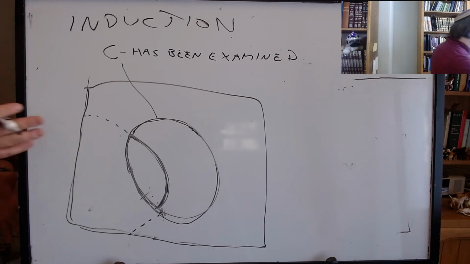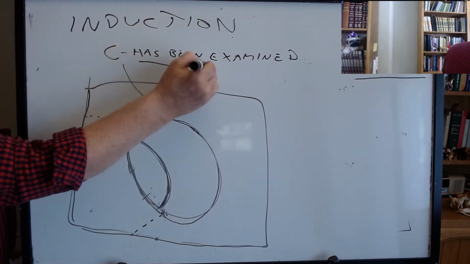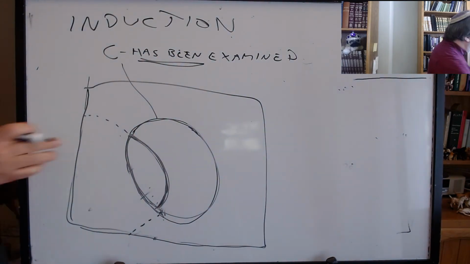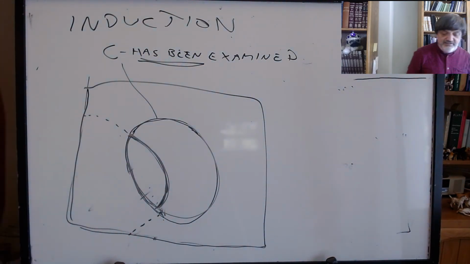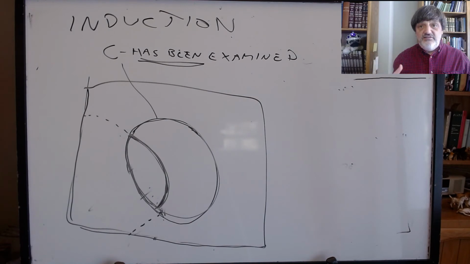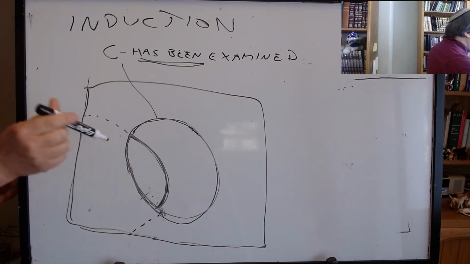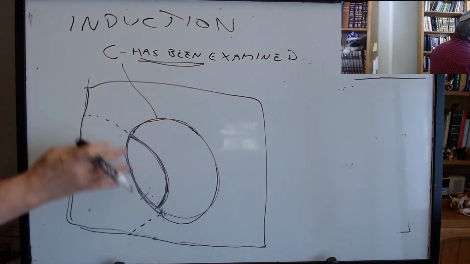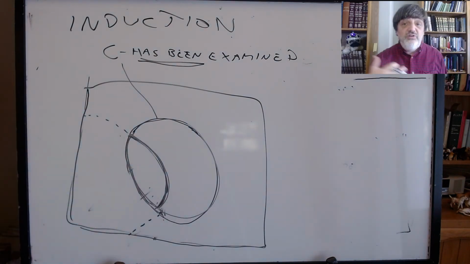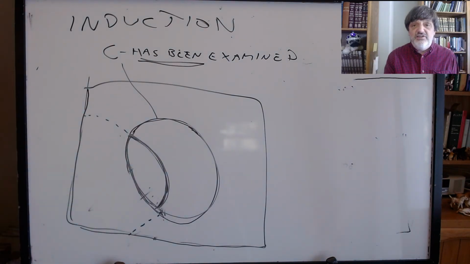The past, because this is everything that has been already examined, this circle is about the past. The predicates that are applied to things, as long as we only apply them to things in this circle, only talk about past observations, not about future ones.